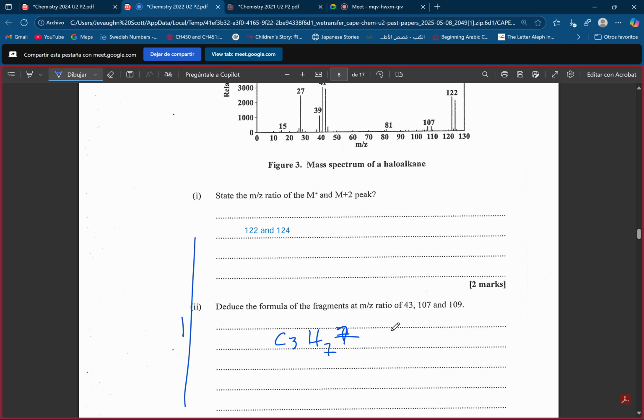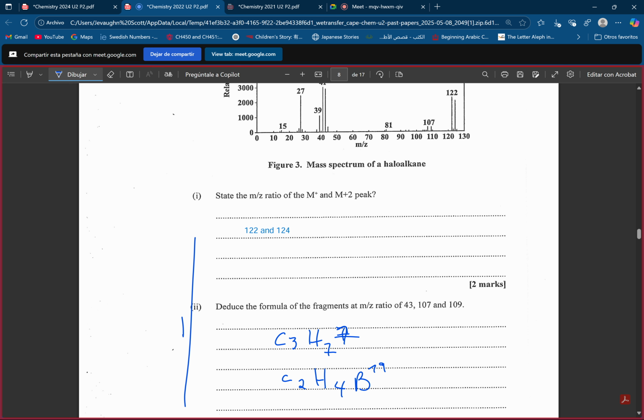If you minus 79 from 107, how much do you have left? And then we have to work out the carbon and hydrogens after. So what is our response? C2H4 and bromine 79?